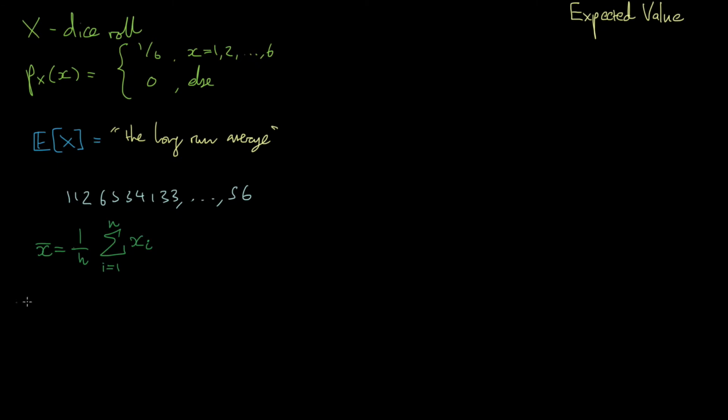But as we've just covered, in this case where n is very, very large, we know that n on 6 of these observations are going to be a 1. And so if we want the sum of all of these observations, we're going to get n on 6 1s. We're also going to get n on 6 2s, and so we can add n divided by 6 times 2 to our sum. This is going to be true all the way up to 6, so we're going to have n on 6 6s.